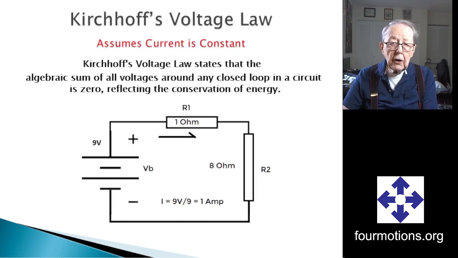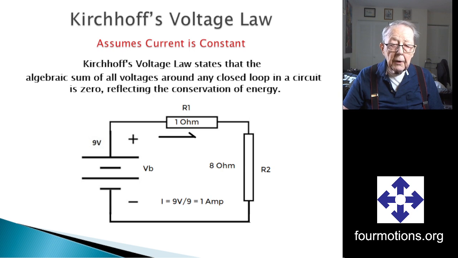So first of all, we look at Kirchhoff's voltage law, which assumes that current is constant. His law states that the algebraic sum of all voltages around any closed loop in a circuit is zero, reflecting the conservation of energy.